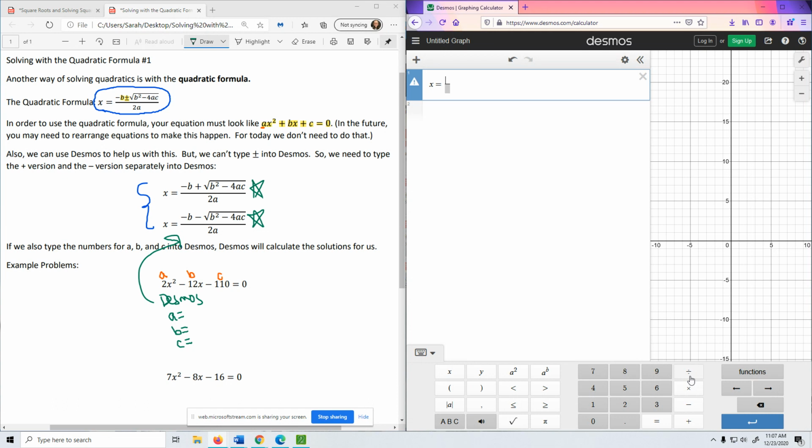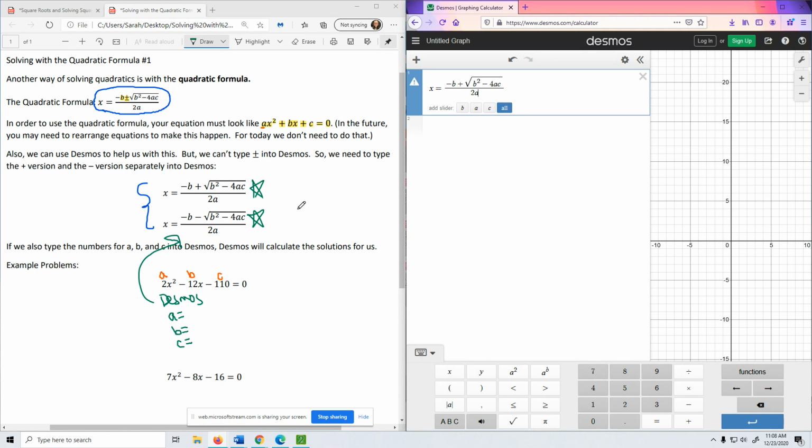In the top of the fraction, we have negative b plus the square root, which is down in the bottom here in a pi button. Then b squared, using the exponent 2 button, minus 4ac. I'm now done with the top, so I click into the bottom part and type the bottom of my fraction, which is much shorter. It's just 2a.